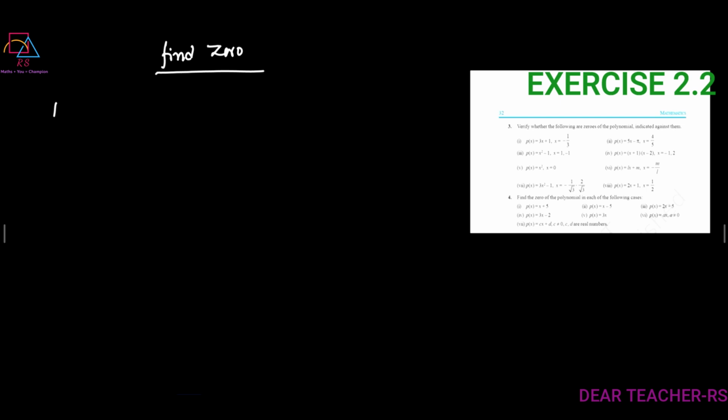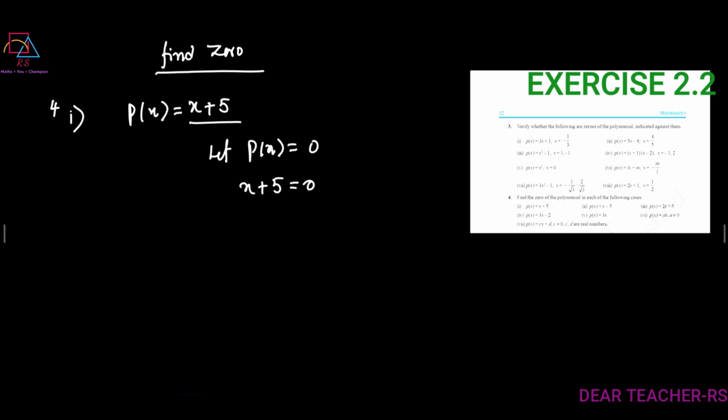Fourth question, first bit. p(x) is equal to x plus 5. Now we have to find out at what value of x this entire polynomial will become 0. For that, let p(x) is equal to 0. That means x plus 5 is equal to 0. x is equal to minus 5.